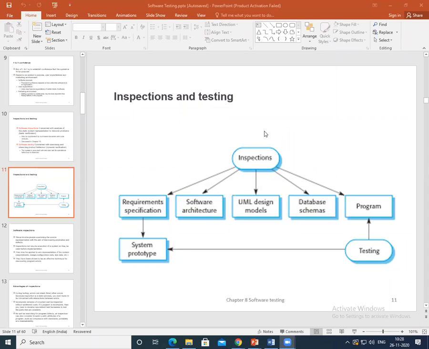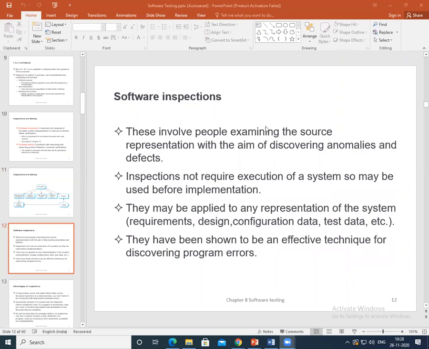There are several advantages of inspection over testing. If they ask what software inspection is, it involves examining the source representation, that is the source code, with the aim of discovering anomalies. Inspection doesn't require any execution of a system.